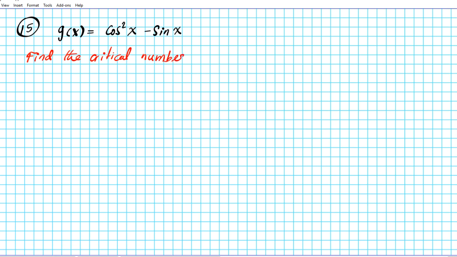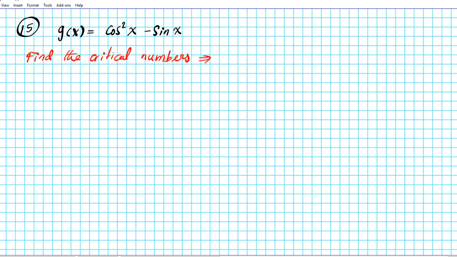Alright, let's take a look at question number 15. We want to find the critical numbers of the function g of x equals cosine squared x minus sine x. Okay? Alright, so to find the critical numbers, what do we do?